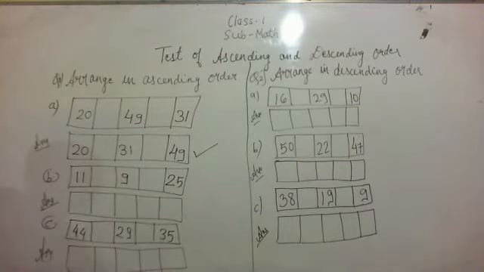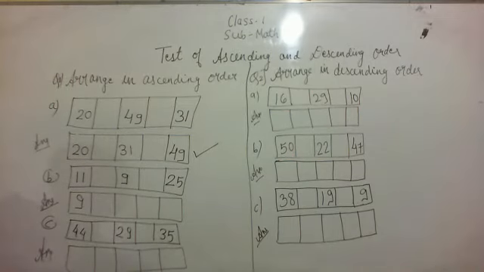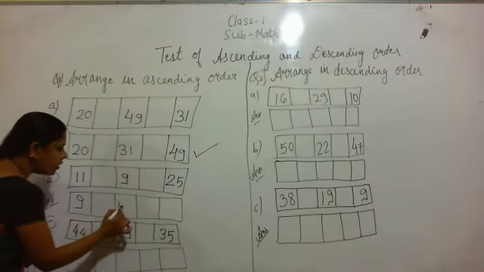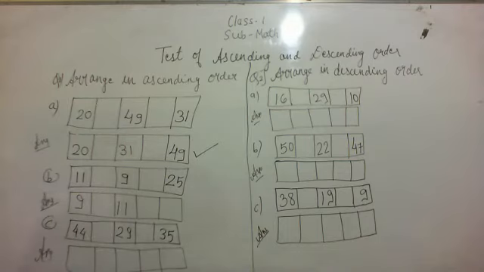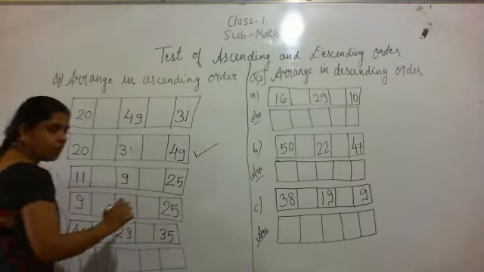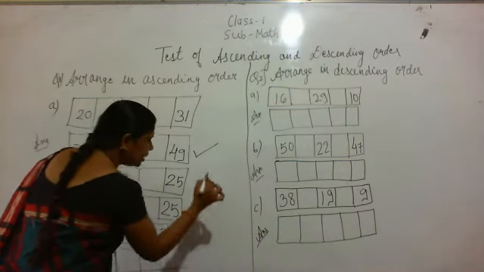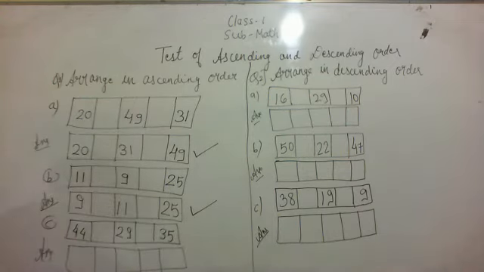Now let's check the second question. Smallest number is 9. Then which number will come? 11. And at the last 25. If your answer is correct, put small right here. Now let us check the last question.